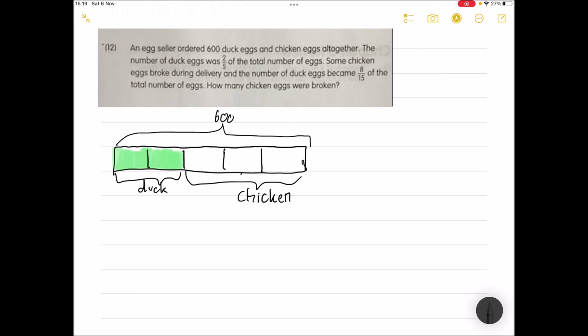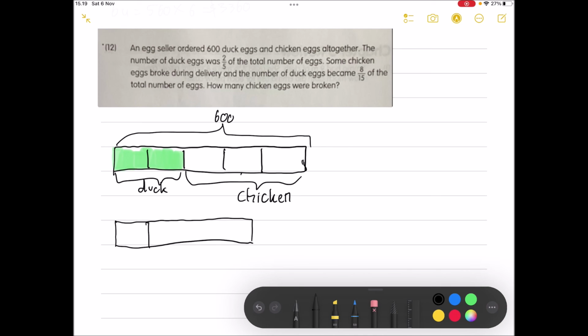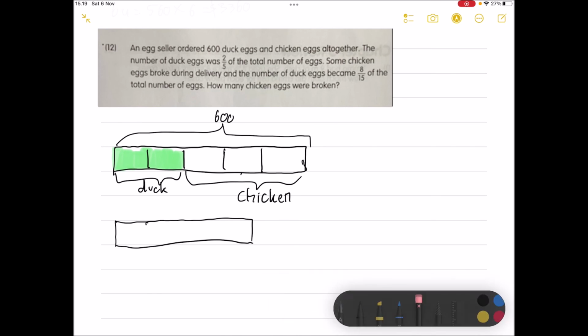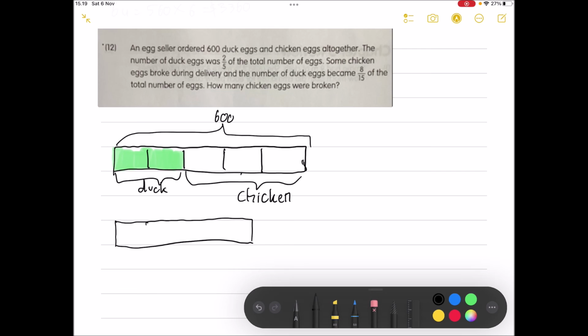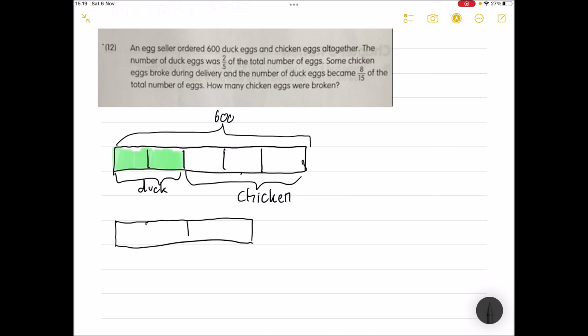Now I will draw another one here, but I will stop somewhere in here. Now I know that the duck does not change, so the amount of the duck does not change. It's still here, but it is 8 units out of 15 of the total number.